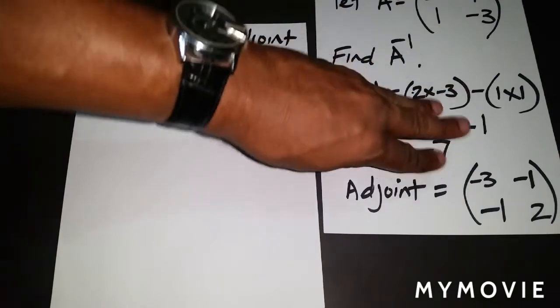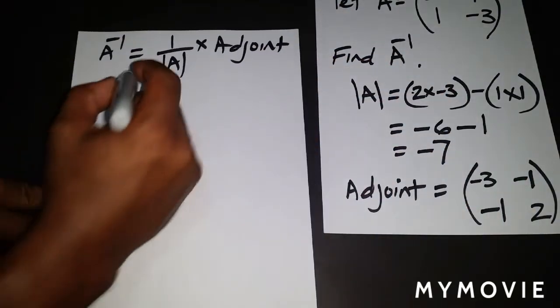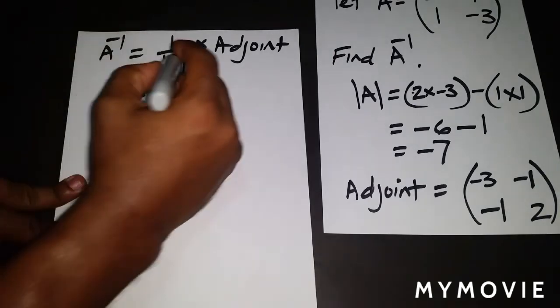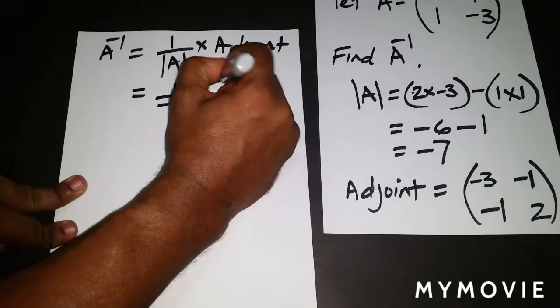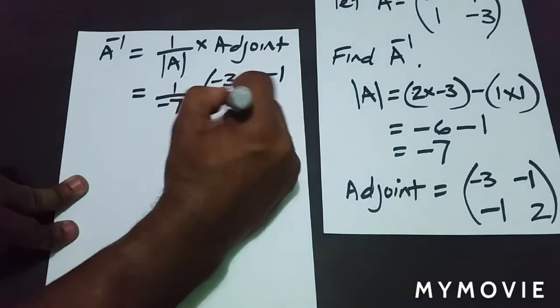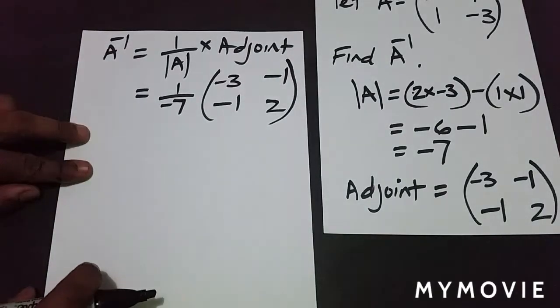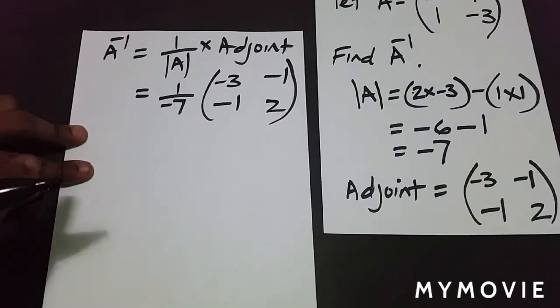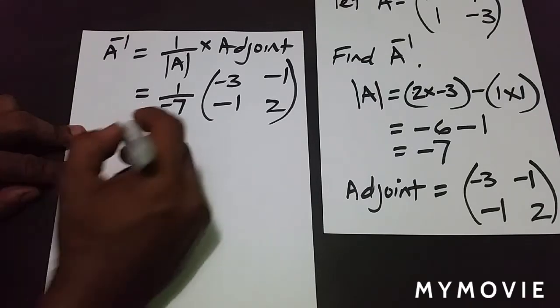So be careful with negative signs and all of those things. The inverse is 1 over negative 7 times the adjoint, which is minus 3, minus 1, 1, and 2. It simply means you're multiplying all of those elements by negative 1/7, because 1 over negative 7 is the same as negative 1/7.